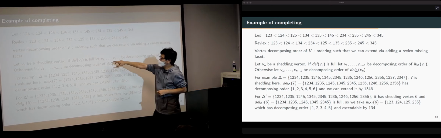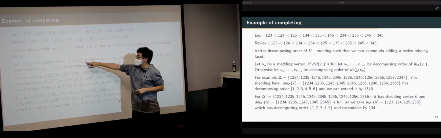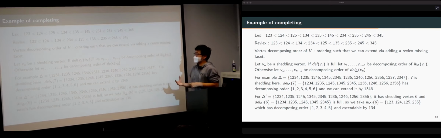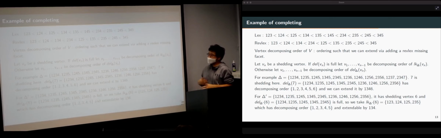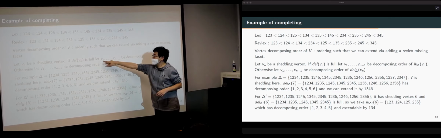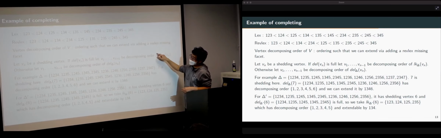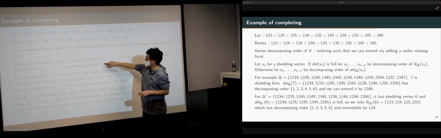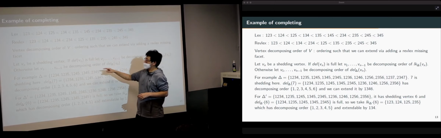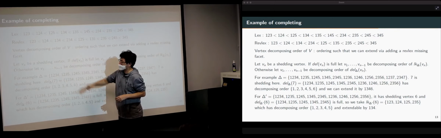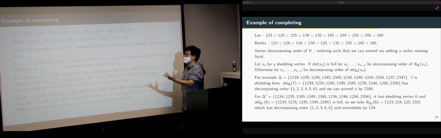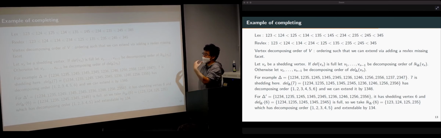If you look at the deletion of the vertex, and if that is a uniform matroid, that is, if it's a k-skeleton of a simplex, then we recursively take the decomposing order of the link part. Otherwise, we take the decomposing order of the deletion and then simply attach the shedding vertex at the end. And that is going to be the ordering of the vertex set that you can use to extend via revlex.